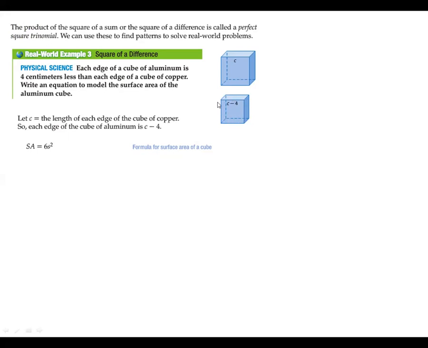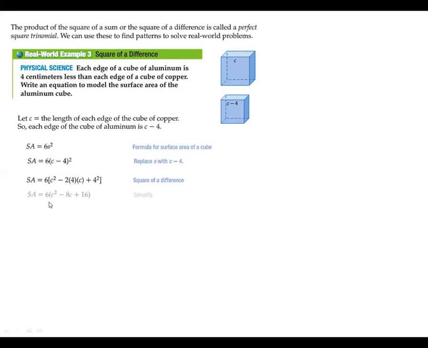So the area of the square is going to be s squared. In this case, the side length is c minus 4, so it's going to be 6 times c minus 4 quantity squared. Well, c minus 4 quantity squared is a perfect square of a difference, so I can use the formula for that. So it's going to be 6 times the square of a difference formula. So it's the first term squared minus double the two terms multiplied together, plus the last term squared.